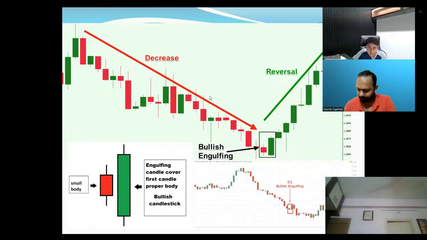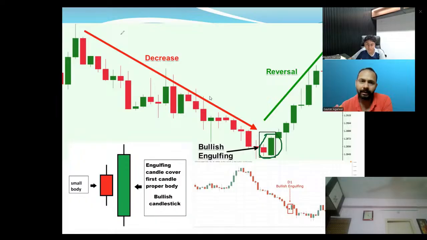The first candle will look like this, a small candle, and the next candle will be a big green candle, which will engulf the full first candle. So this is called bullish engulfing.